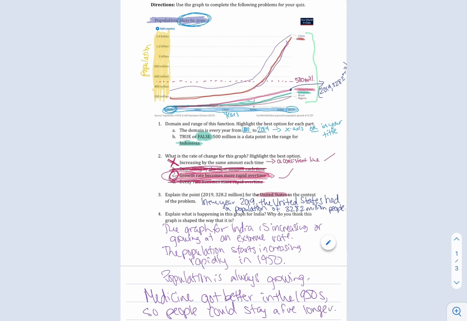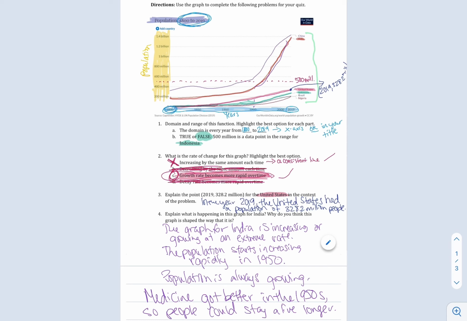Okay. So for any diseases that might have knocked people out in the late 1800s, early 1900s, medicines were developed so that they could stay alive longer, and thus the population kept getting bigger.